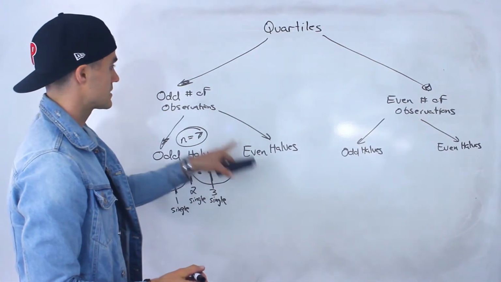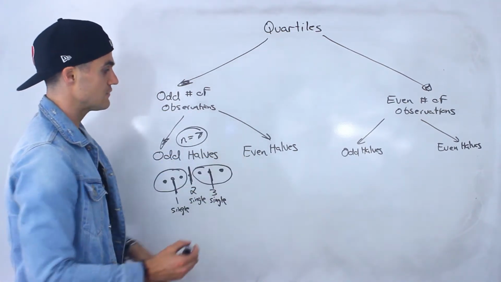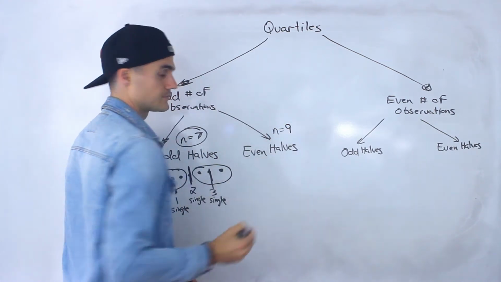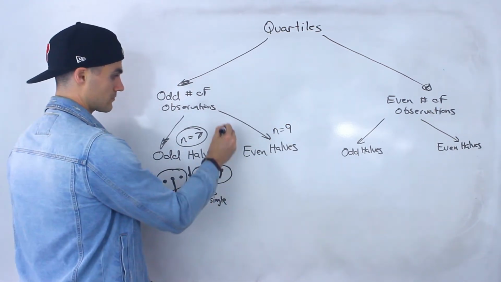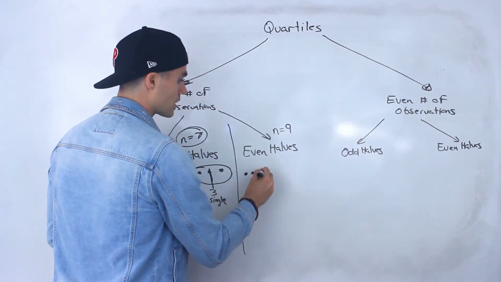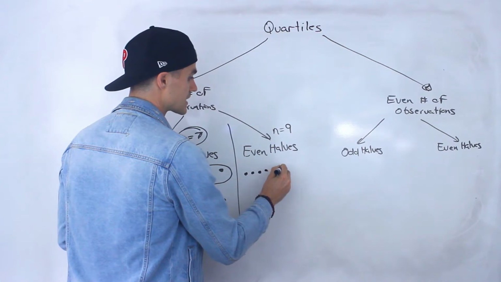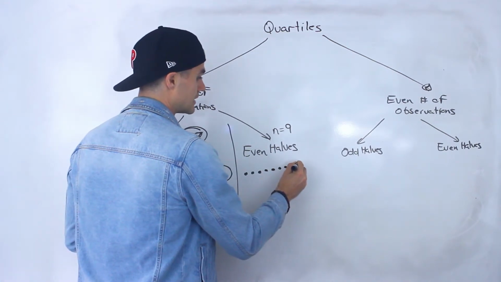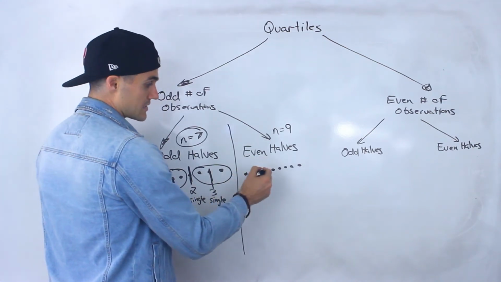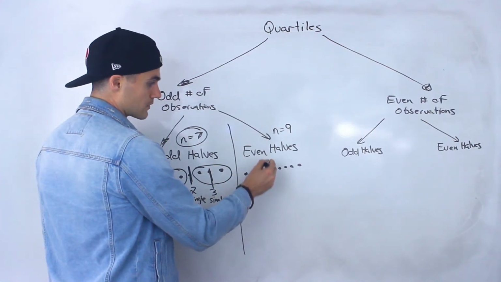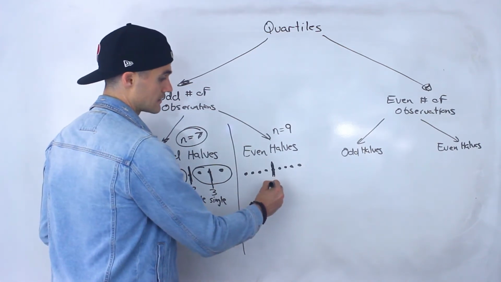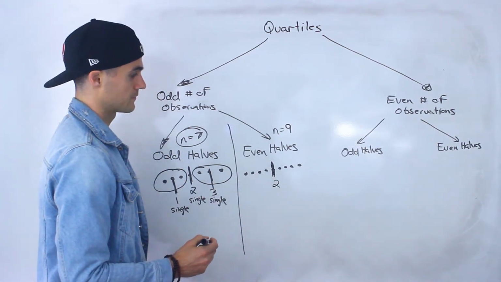So this case, an odd number of observations and even halves, an example of that would be if there are 9 observations. So watch what happens here. We'll have 1, 2, 3, 4, 5, 6, 7, 8, 9. So the median of this is going to be that middle term, which is also going to represent that second quartile.